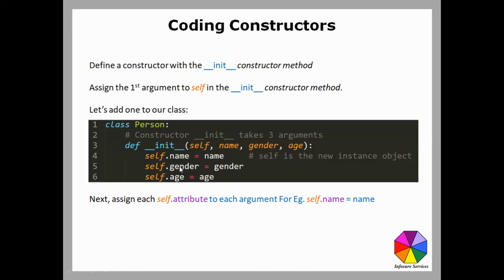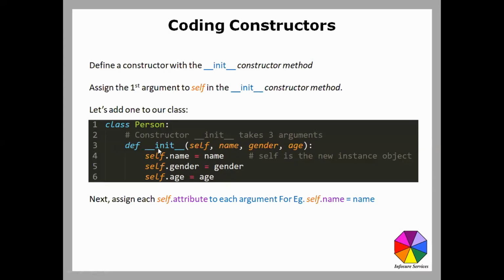In the same way, that object's gender is equal to the third parameter, gender. Self dot age is equal to age. So self refers to that instance of the class, the particular object that will be used. Next, assign each self dot attribute, or self dot property, to each argument that will get passed. Self dot name is equal to name.